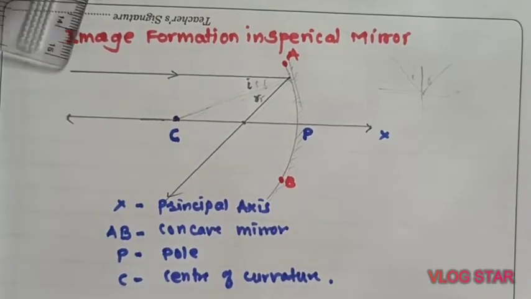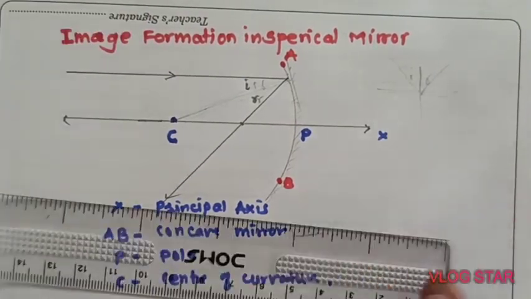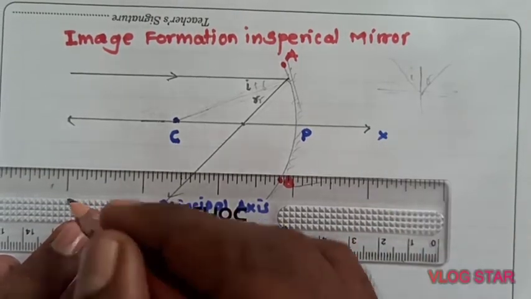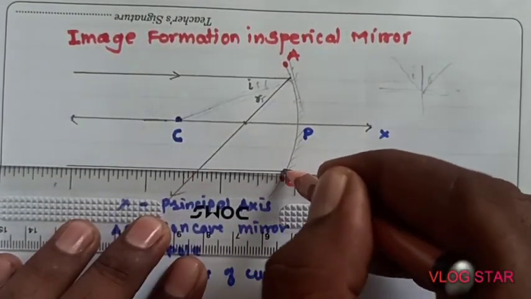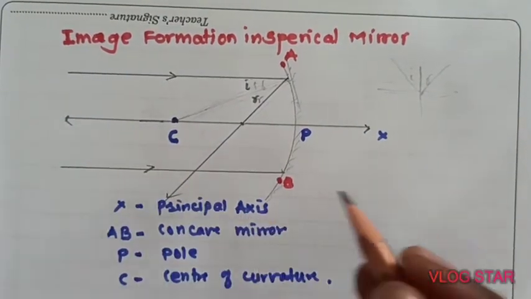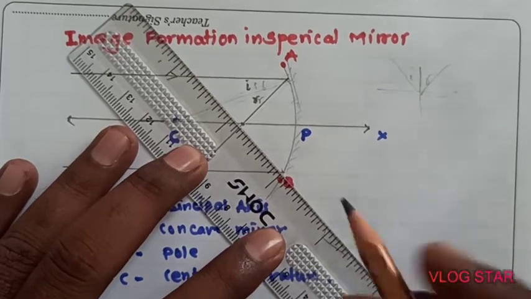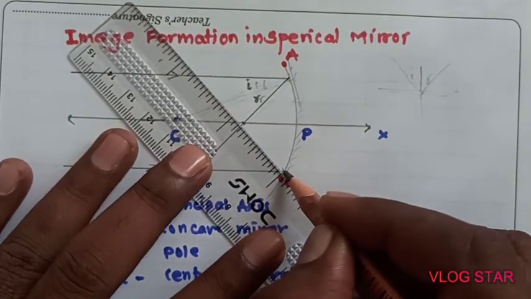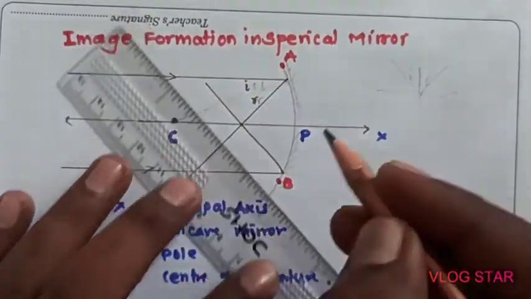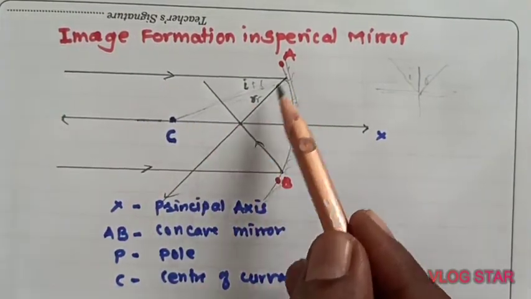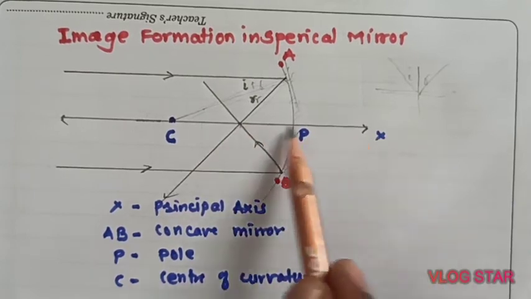If I take one more line which is parallel to the same one, suppose I have taken it from downside, again it passes through the same point, and we got one property, that all the rays which are parallel to the principal axis converge at a single point on the principal axis.